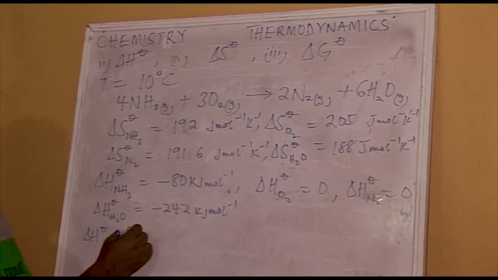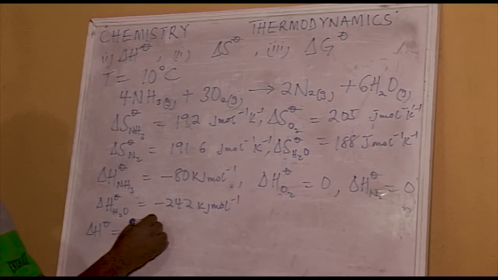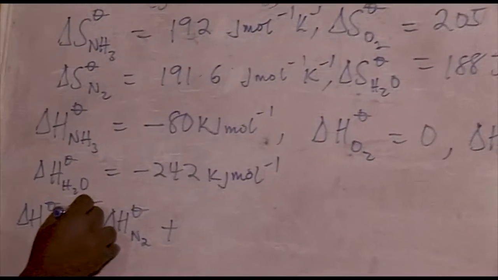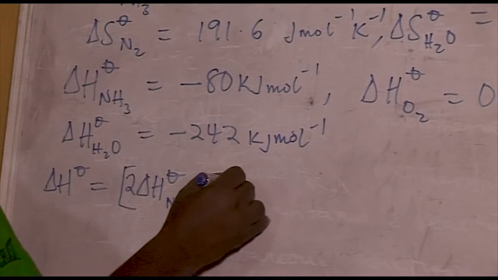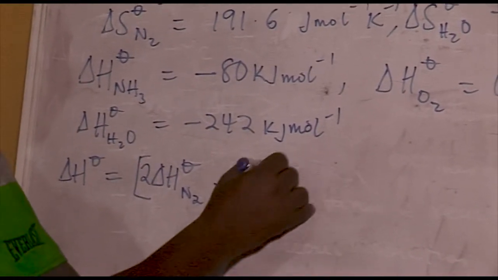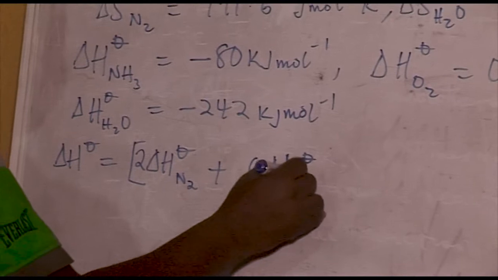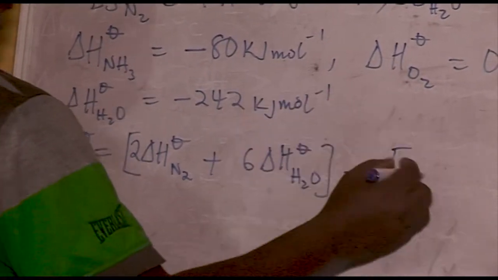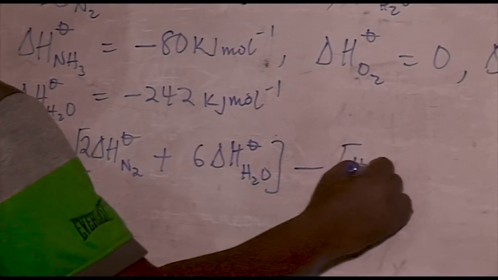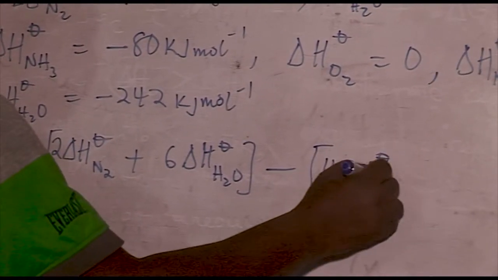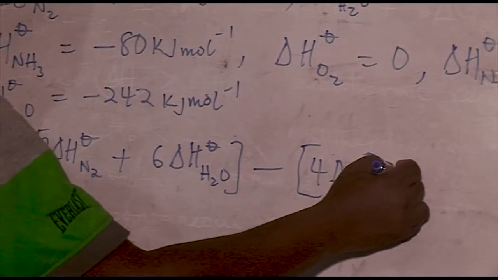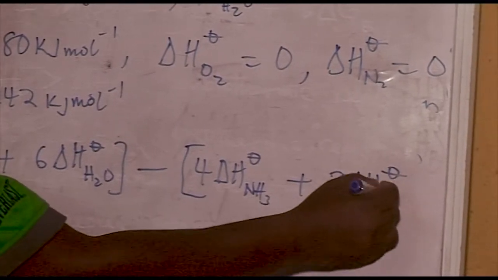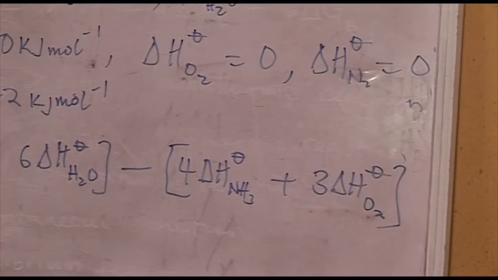To get the standard enthalpy change for the reaction, we have that will be the sum total of the enthalpy change of nitrogen, that is in the product side, times the molecularity, plus that of gaseous water, minus the enthalpy change of ammonia times the molecularity, plus that of oxygen.